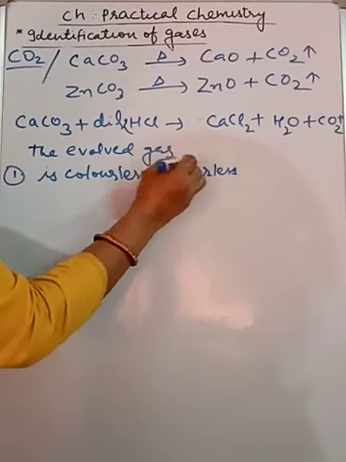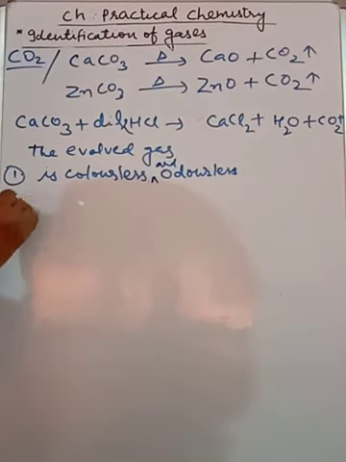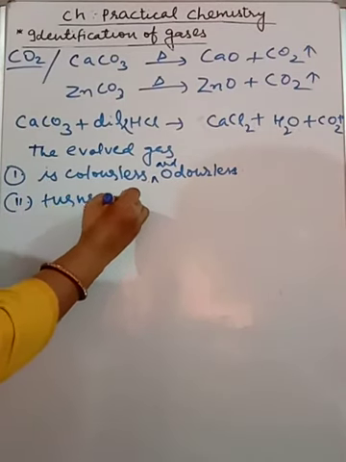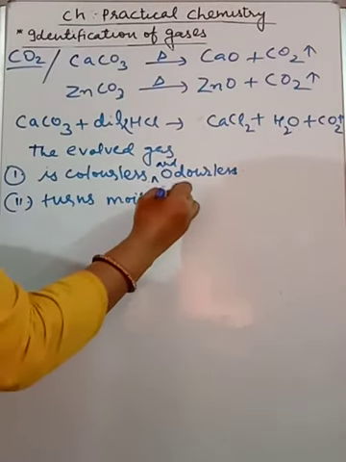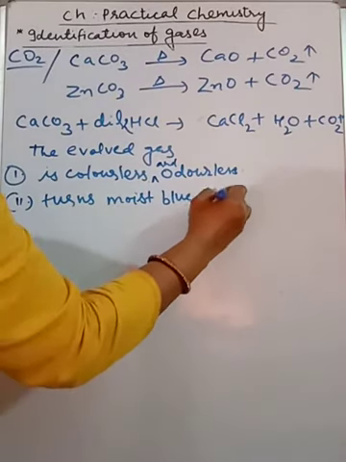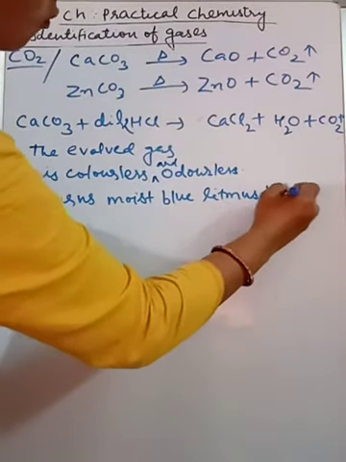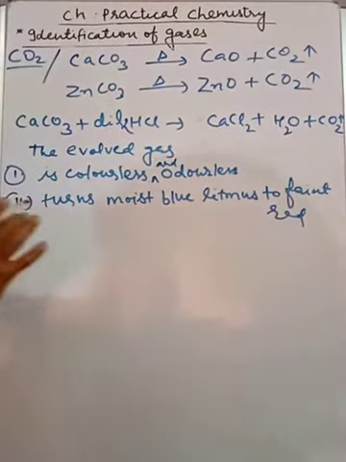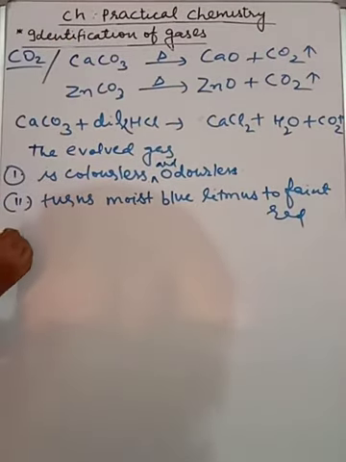Okay, you can't say neutral to litmus. And the second point: it turns moist blue litmus to faint red, because it is slightly acidic in nature. That's why it turns to faint red.